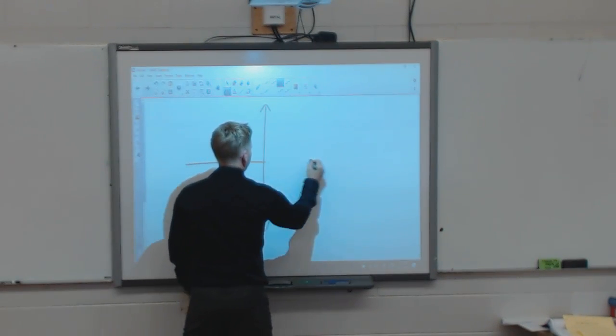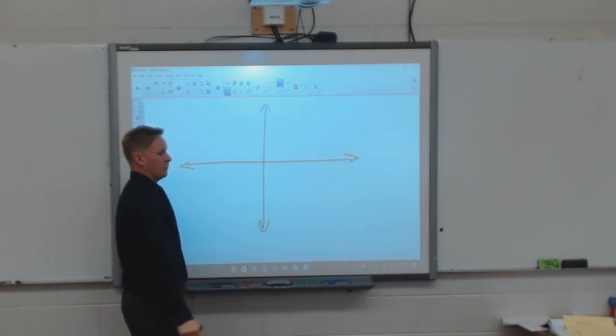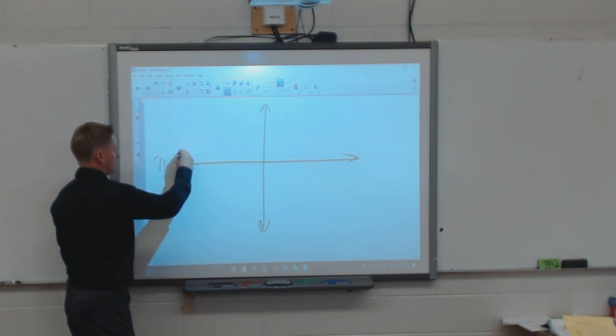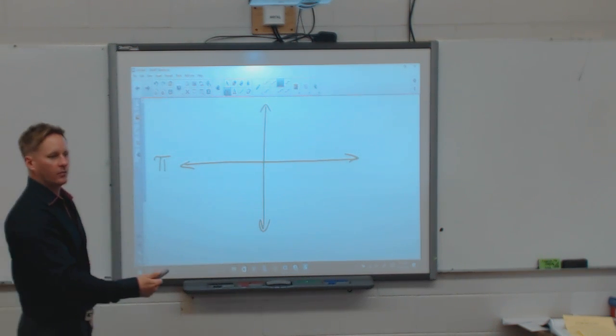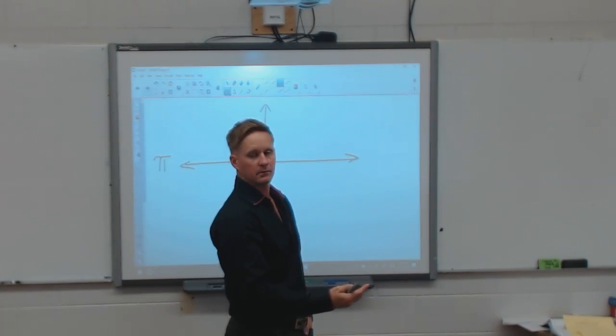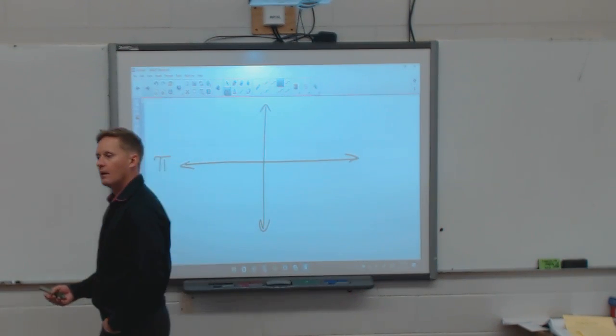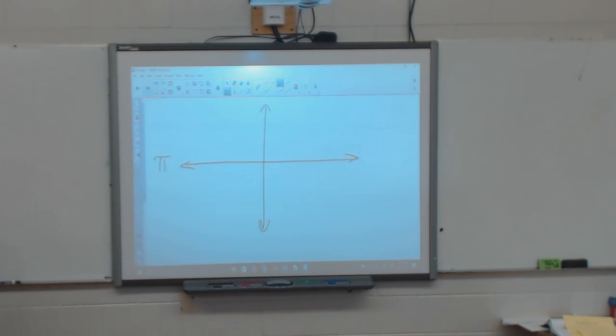Okay, so this is the one now where we have to make more sense of this. I want you to think about this for a second. If I were to convert pi to an actual value, what is the value of pi? Approximately 3.14, right?